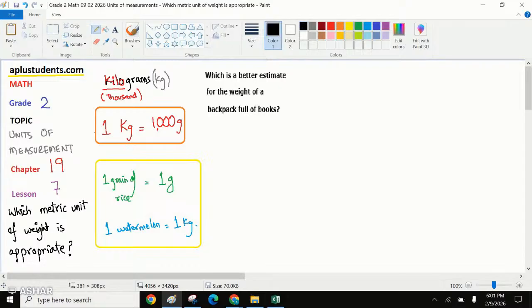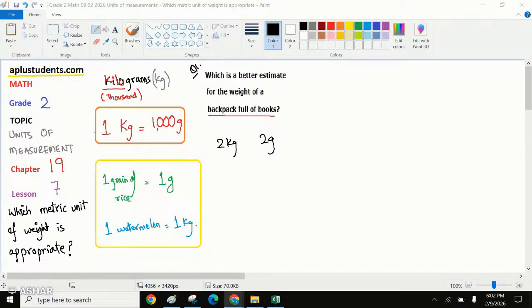For question number one, it says which is a better estimate for the weight of a backpack, a bag full of books? Which is a better measure? Would it be 2 kg or 2 grams? So we know that the weight of a book cannot be in grams.